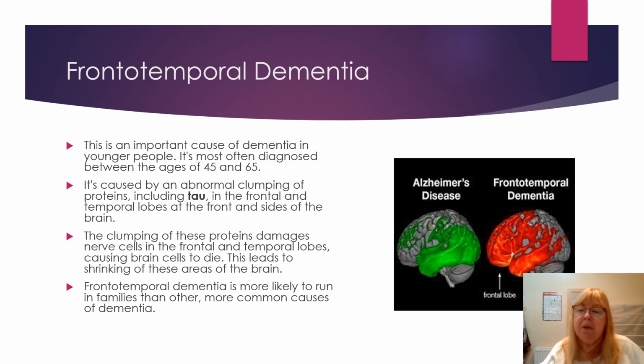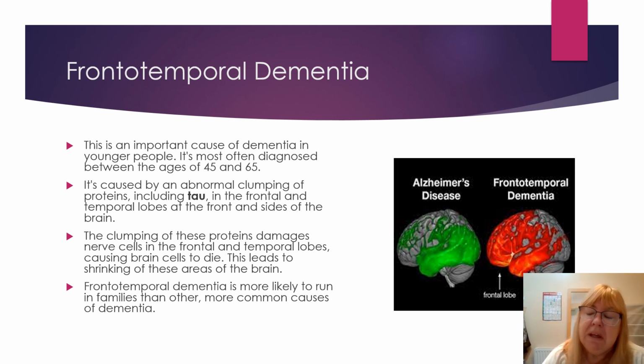So again, if you think back to what you learned in stroke, thinking about the different parts of the brain and the sorts of things they're responsible for, you can get an idea of the sort of symptoms you might be looking at with frontotemporal. Okay, so if you look at my graphic, Alzheimer's disease is to the side and to the back, but frontotemporal has got the motor cortex up here, and then all this sort of personality, some memory at the front.